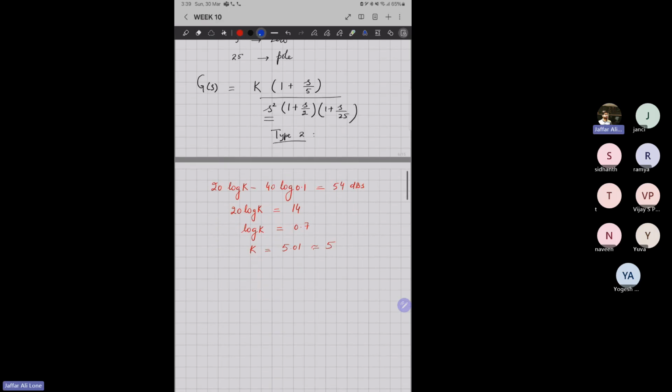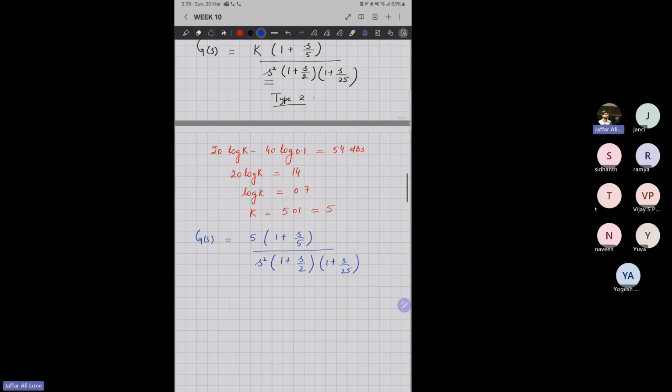Then the transfer function will be G of s equals 5 over 1 plus s over 5 divided by s square into 1 plus s by 2 into 1 plus s by 25. Correct? But you will see none of the options is this answer. So what you have to write, you have to write the transfer function in standard form, right?